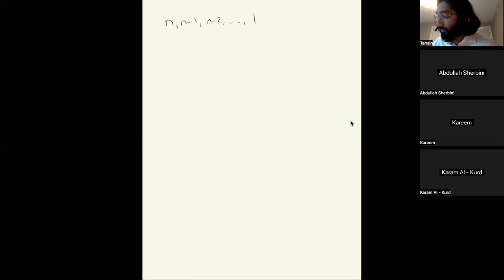So we get n times n minus 1 divided by 2. So you're saying for each number, it basically needs to be a swap with every other.